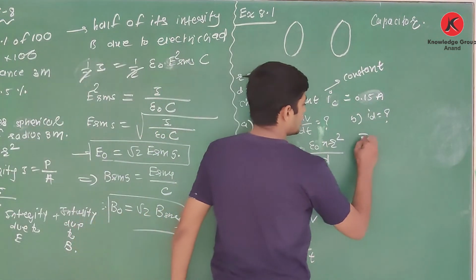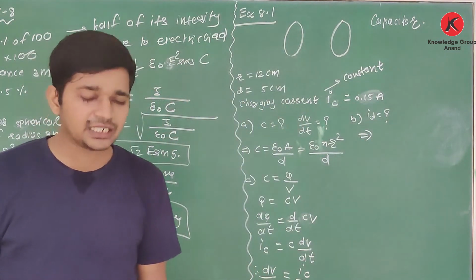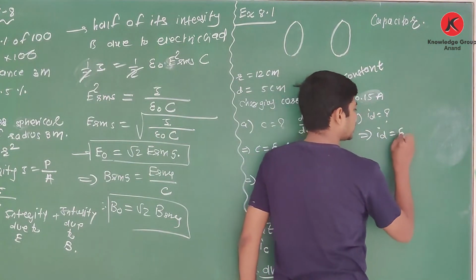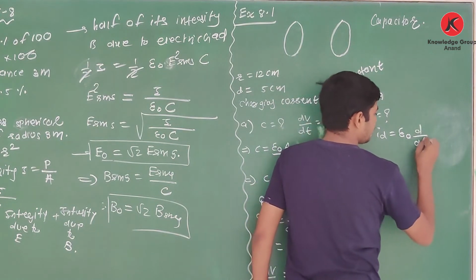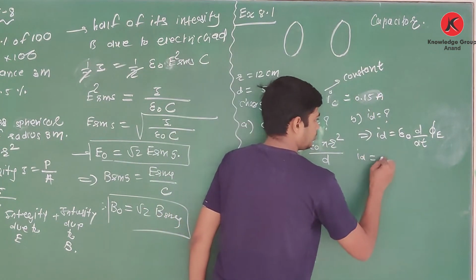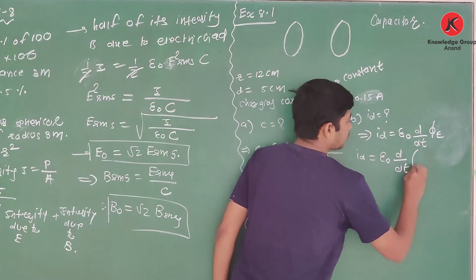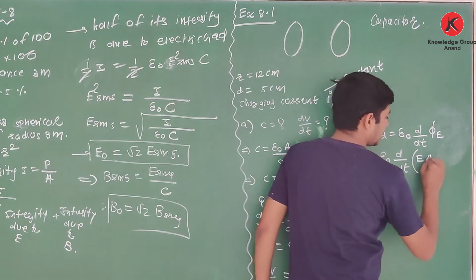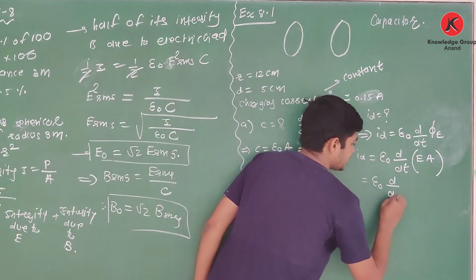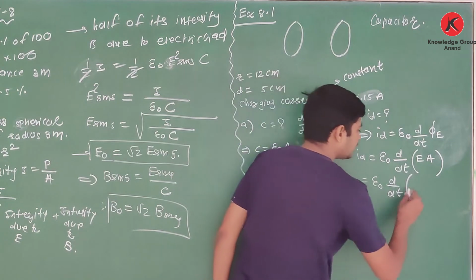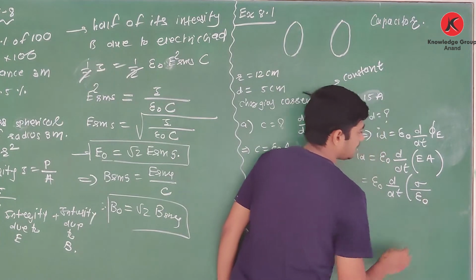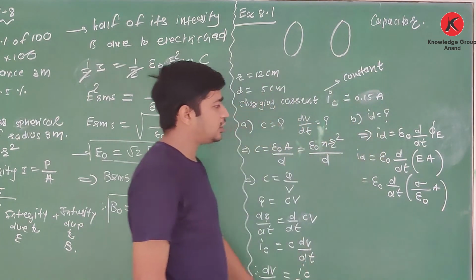Next question is how to find ID, that is displacement current. Remember the equation of displacement current: ID is equal to epsilon 0 d upon dt of phi E, that is electric flux. Phi E is EA. So ID is epsilon 0 d upon dt of EA. E is sigma upon epsilon 0. Any doubt?